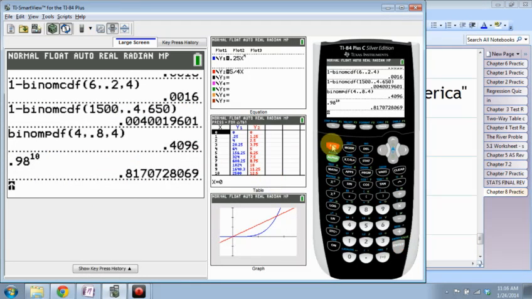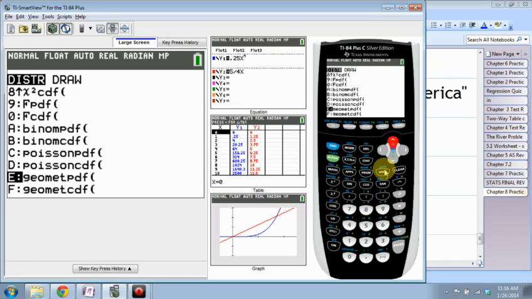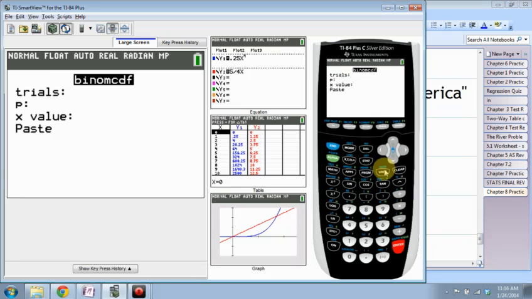You never have to explain what we're doing on the calculator, right? No. You do not have to explain what you're doing on the calculator. 30 trials, probability of success was 0.63, and 17, right?